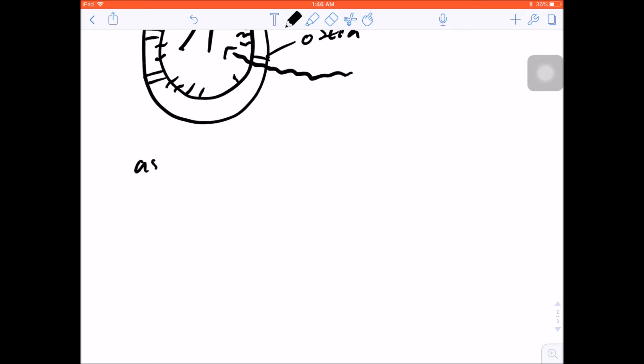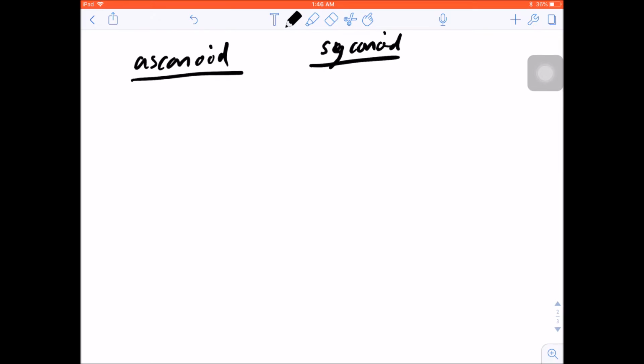Okay, so let's go through the different body types of these sponges. So we go from asconoid, and these will be important. You'll need to know these names. Syconoid, and at the bottom we'll do the leuconoid sponges.